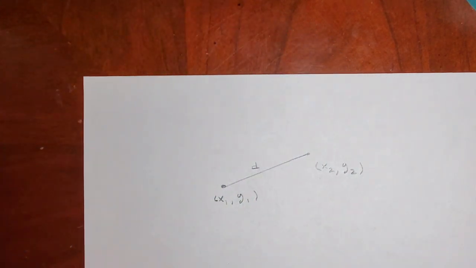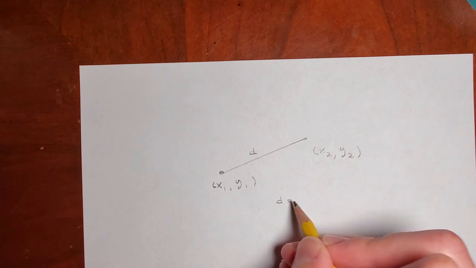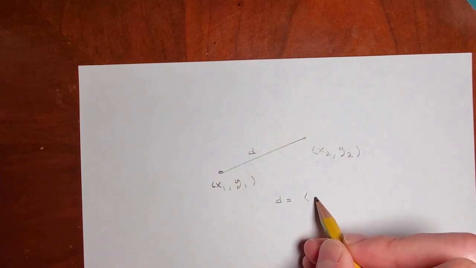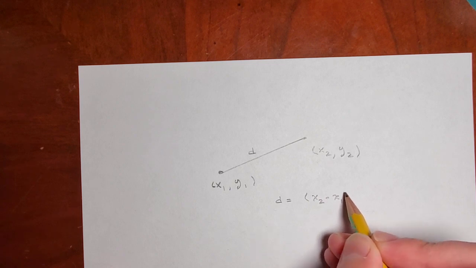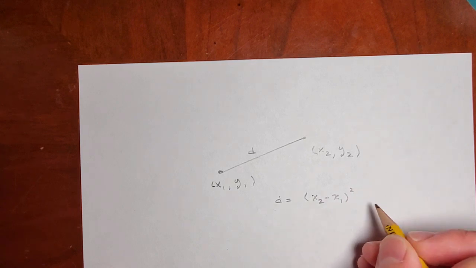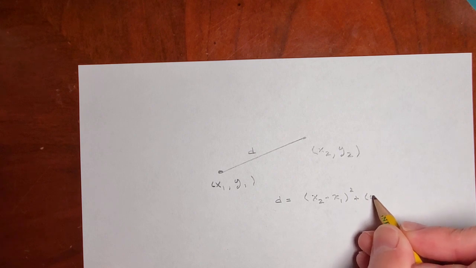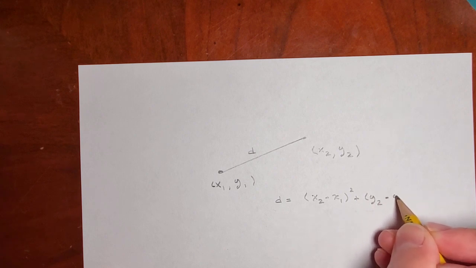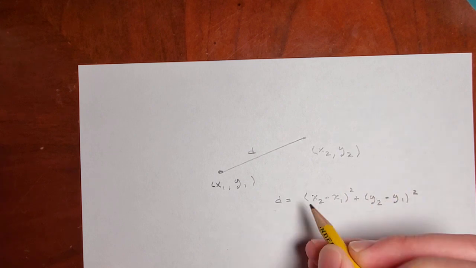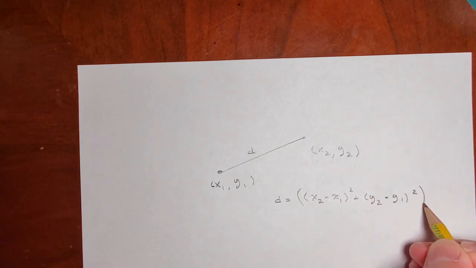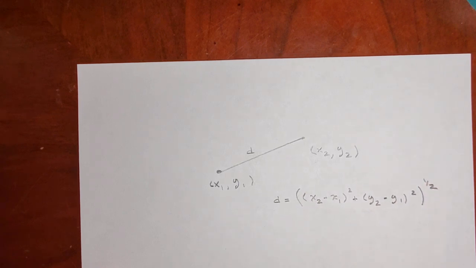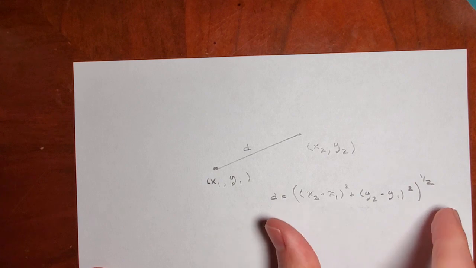That's what we mean by distance. Then that's found by this distance formula. You subtract the x-coordinates, x2 minus x1, and square. Then subtract the y-coordinates, y2 minus y1, and square. Then take the square root of that, but I'll write that as the 1/2 power upon that whole thing.